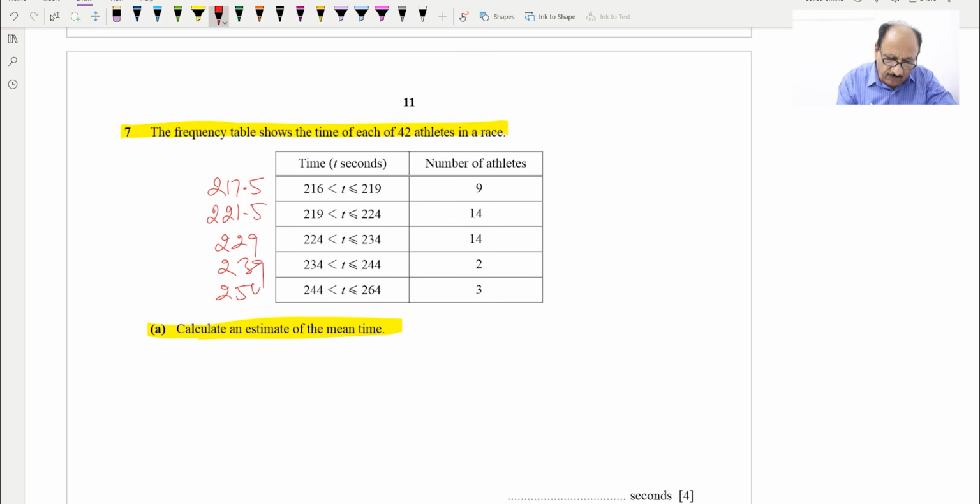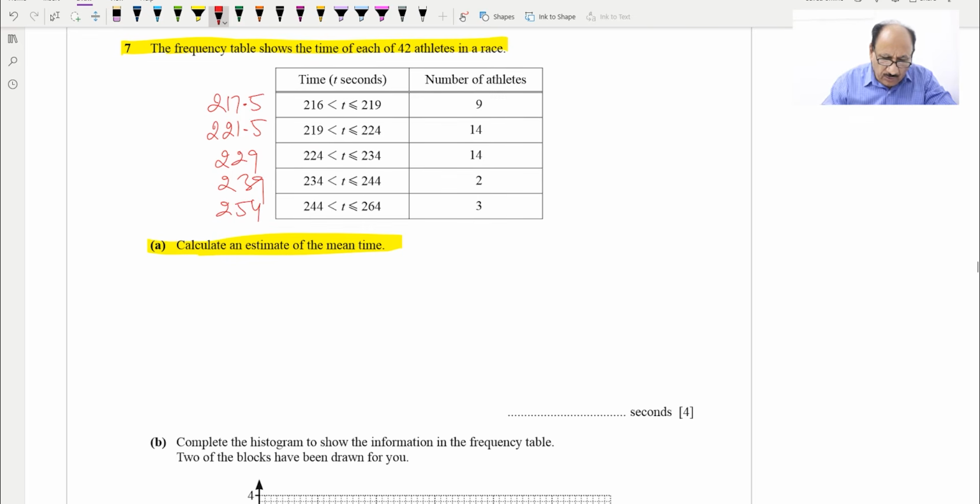Now our formula is: mean is equal to sigma fx over sigma f, where this is our x value and this is our f value. This will be our formula in which we will be replacing values.